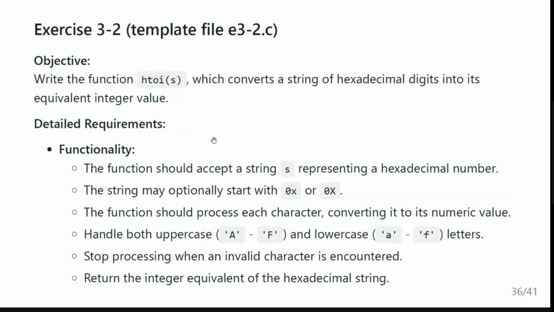So first of all, your code will accept a string as an array. Secondly, it will determine if it begins with 0x, and if so it will ignore that part. Sometimes it will have it, sometimes it won't, so you should consider both scenarios.